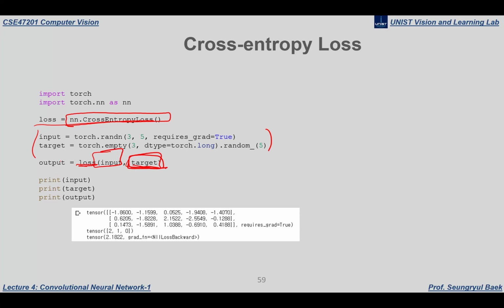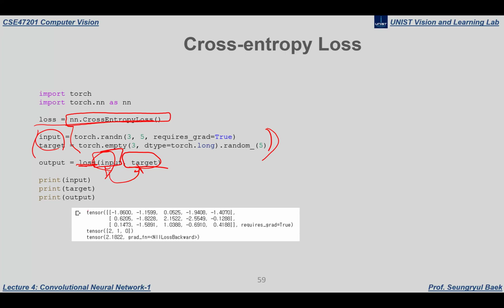In MSE loss, their dimensions are the same, because we are directly making the predicted value go to the ground truth value. But in cross-entropy loss, you don't have to be confused about this. PyTorch intended to make this process easy.